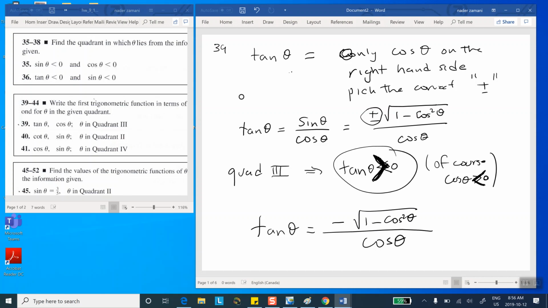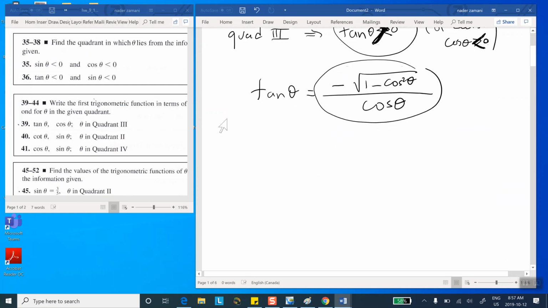Notice that there's only cosine on the right-hand side. The thing on the top is negative because of this minus sign, and the thing in the bottom is also negative because angle theta is in quadrant 3, and quadrant 3 has a negative cosine. So the whole thing is a positive number as expected.